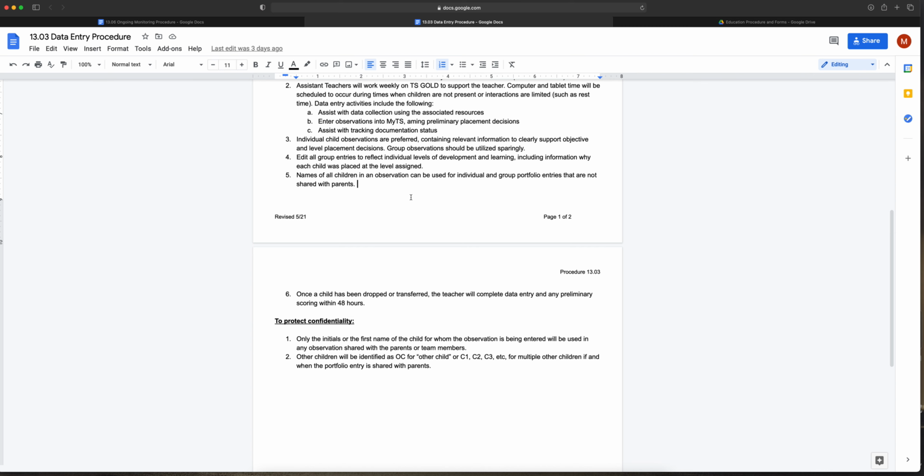The names of the individual children on a group observation should not be included, because that information is shared with all parents on that group observation. If a group observation is done, one way to avoid that confidentiality issue is to refer to children as the other child or child 1, child 2, child 3, etc. whenever we are doing a group observation with multiple children.